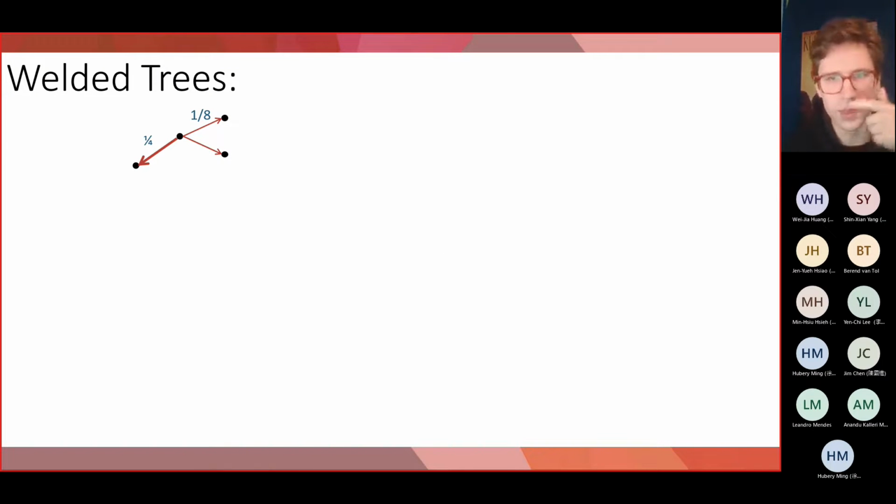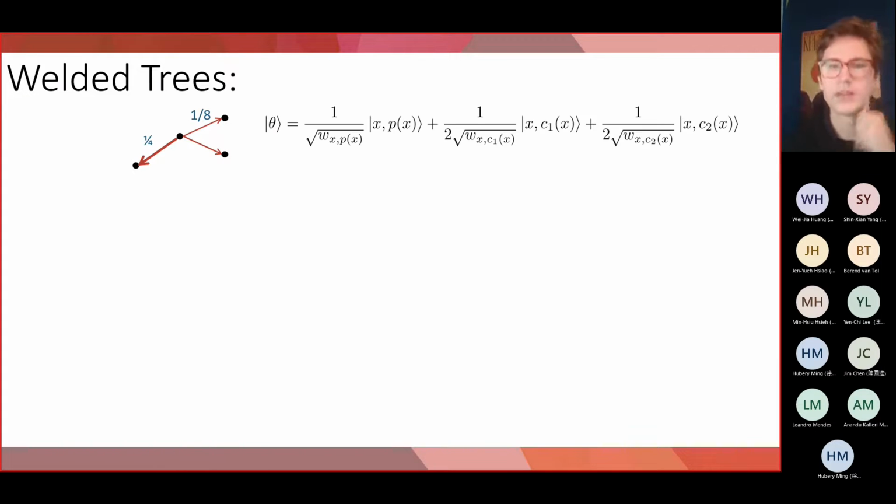So let's consider the flow that's kind of going into this vertex. So we have one part of flow coming in through the parent, and then we have a half flow going out of each of the children. And then we still have to scale this with the weights.